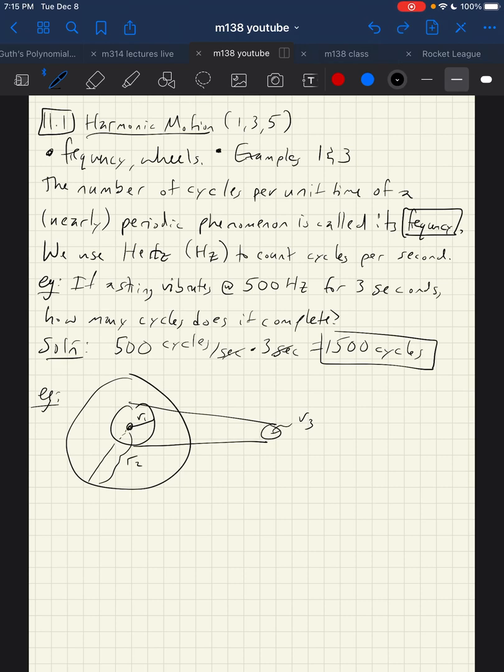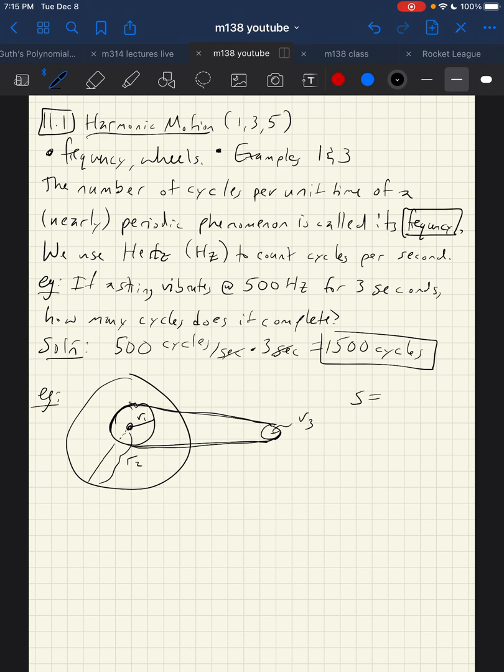And basically the way this is going to work is this chain that connects these two gears is going to ensure that the arc length that this wheel rotates through is the same arc length that this gear rotates through.